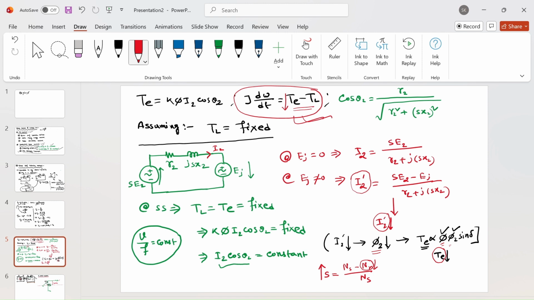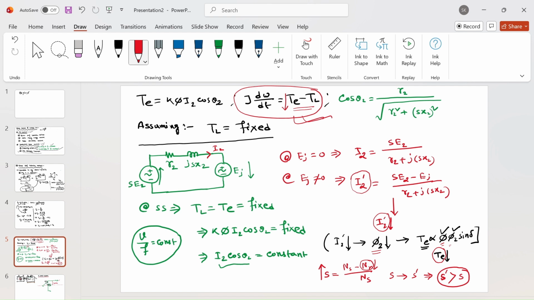Your slip will change from S to S prime. Here S prime is more than S. Now you have injected some voltage and finally you are achieving a slip that is more than the initial slip. Then obviously you are able to change the motor speed at constant load torque.